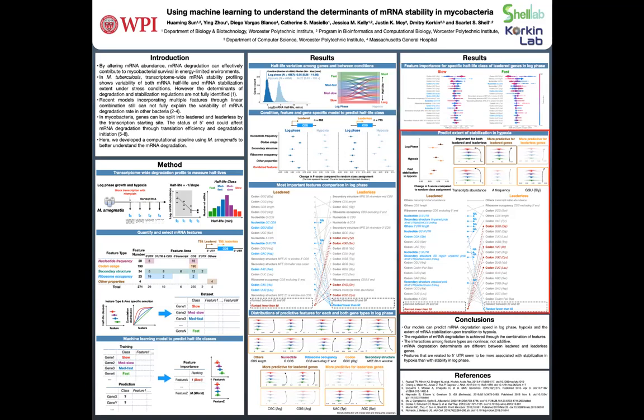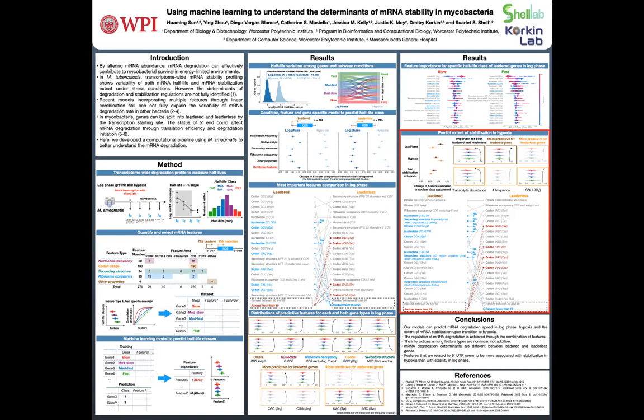Similarly, we are able to develop models to predict the extent of messenger RNA stability upon transition to hypoxia condition. Here, our results suggest that 5' UTR-related features are more important to predict such stabilization process than to predict degradation in log phase.